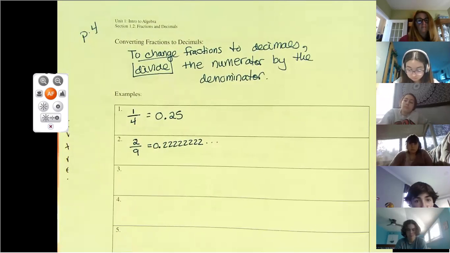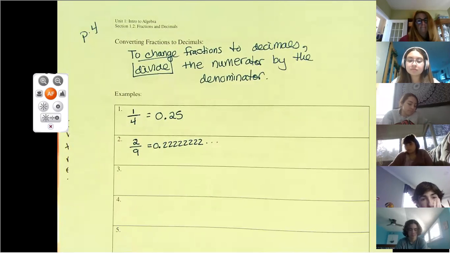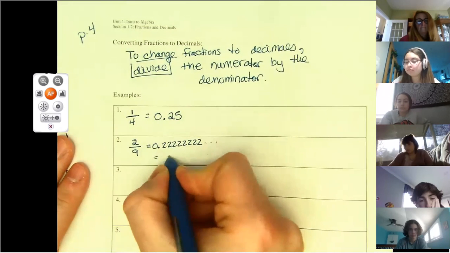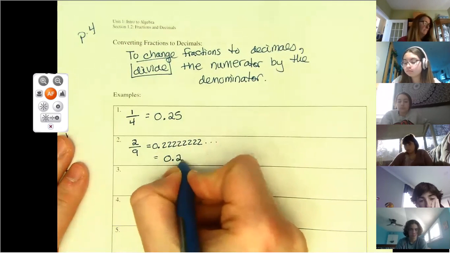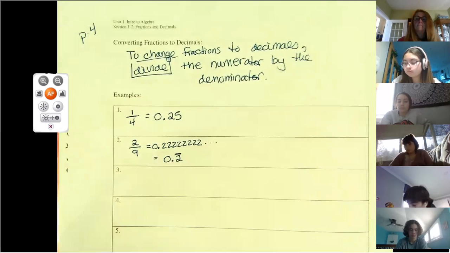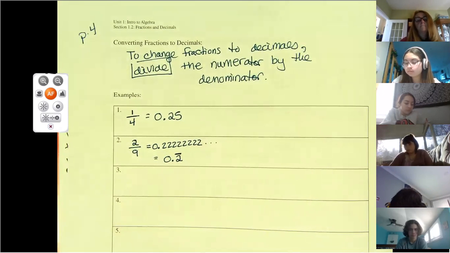Okay, so there's a better way to write this. Who can remind me from last year the better way to write something like this? Anyone remember? You can write a line on top of the 2. That's exactly what we're going to do. We're going to write this number as 0.2 with a bar over it, and that bar means repeating. That 2 is repeating.